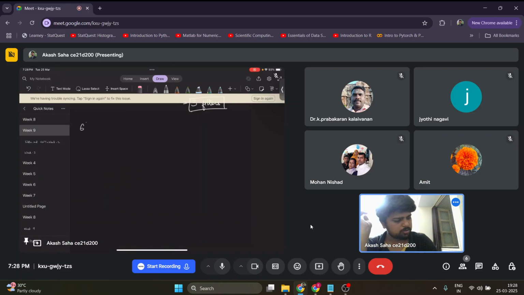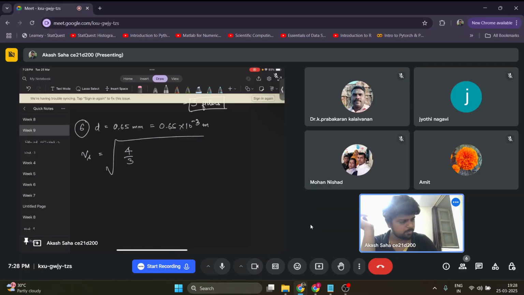So question number 6 here, the diameter is 0.65 mm, or 0.65 into 10 to the power minus 3 meter, right? So the settling velocity Vs by the general equation is nothing but root over 4 by 3 into (specific gravity minus 1) g into d by CD.